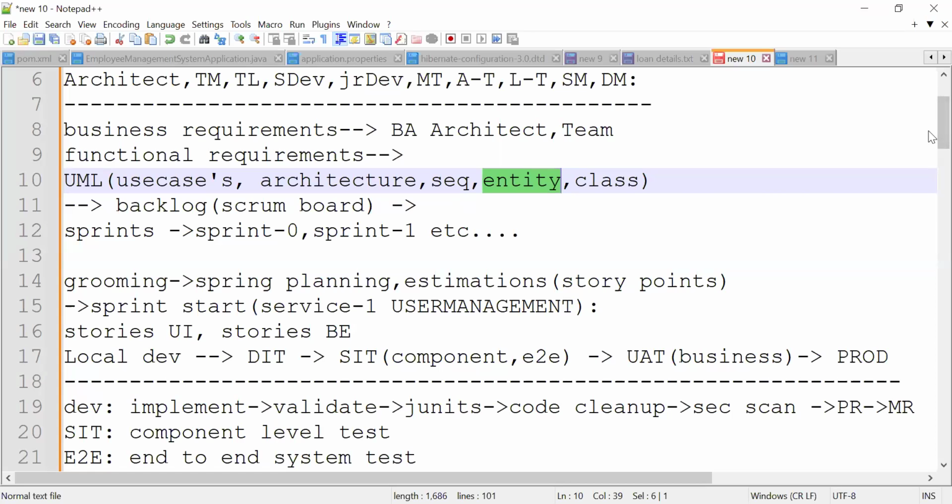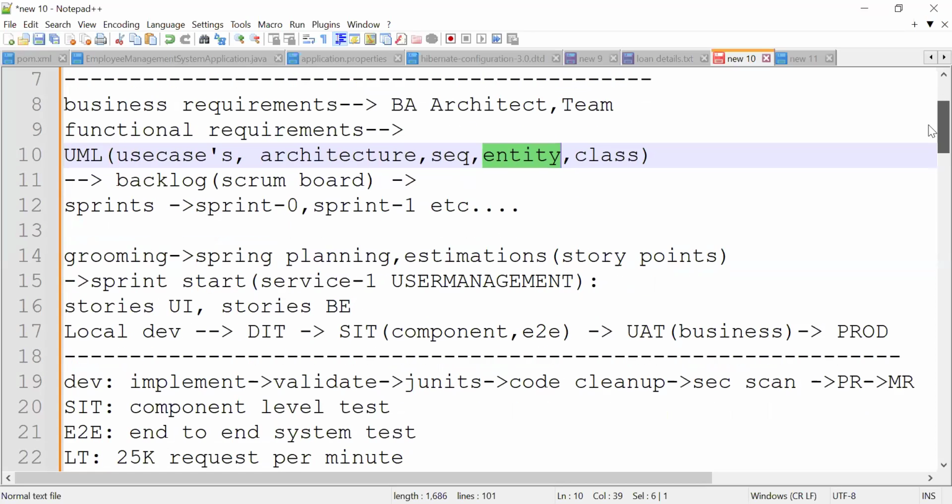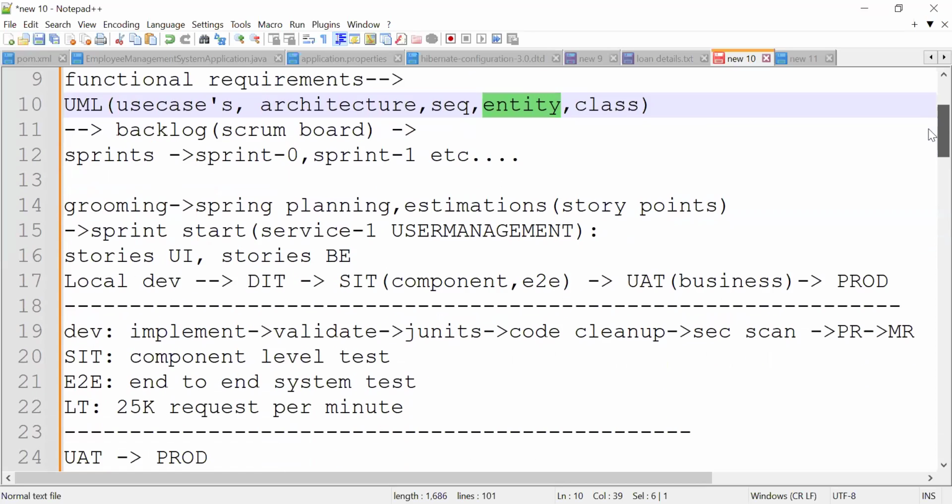Then once everything is ready, the high-level architecture, though the entire system design may not happen. Nowadays everything is running in a fast and furious mode. Business is not waiting like in a traditional waterfall model: 3 months for analysis, 3 months for designing, 3 months for development, again 3 months for testing.